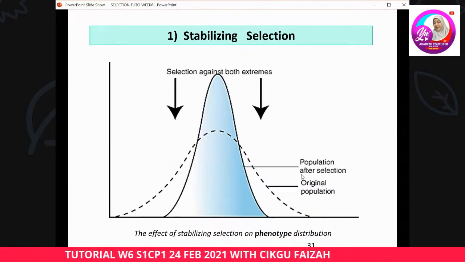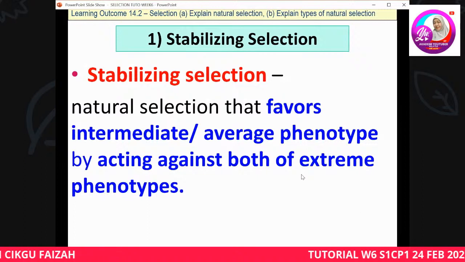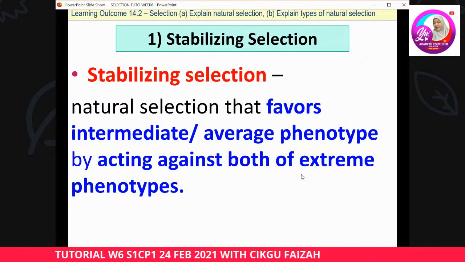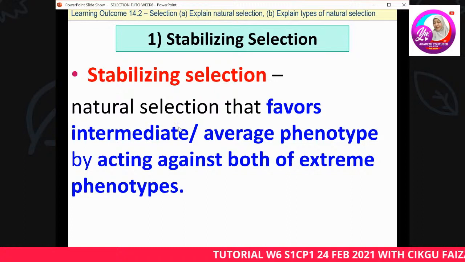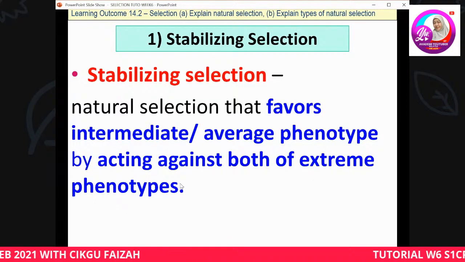So what is stabilizing? Stabilizing is referring to the selection. If referring to our notes, favor intermediate. Please highlight, class: stabilizing is natural selection that favors intermediate or average phenotype by acting against both of the extreme phenotypes.